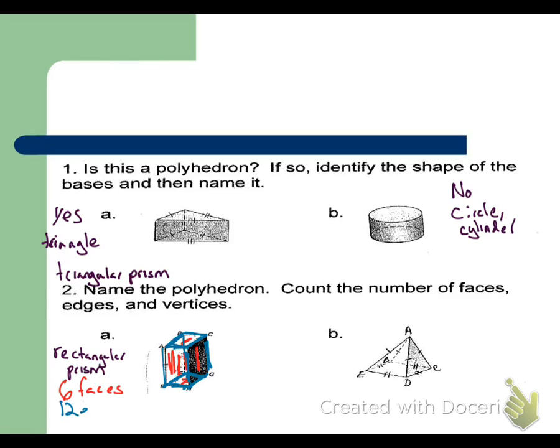Yep, 12 edges. And then our last portion is how many vertices do we have? That's 8. 1, 2, 3, 4, 5, 6, 7, 8. We have 8 vertices.